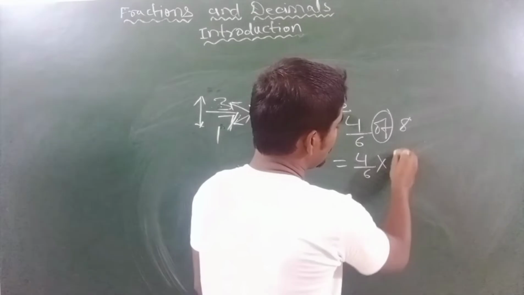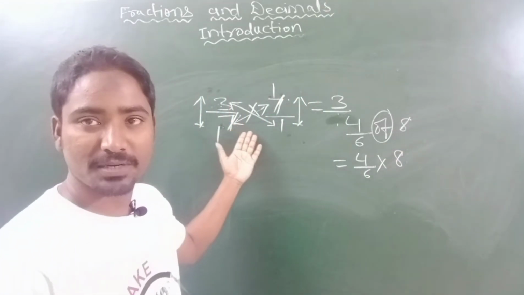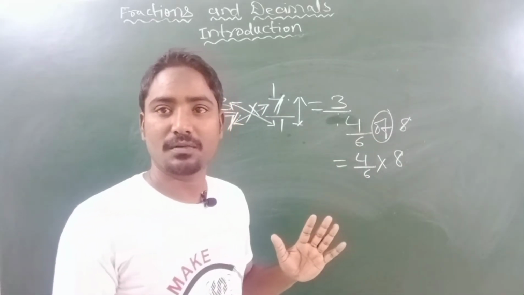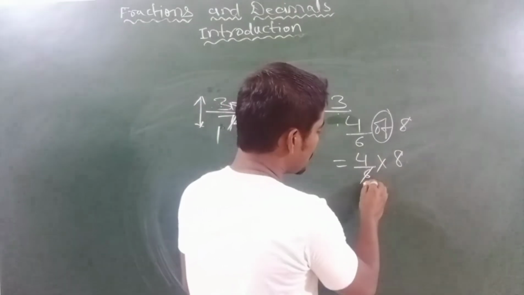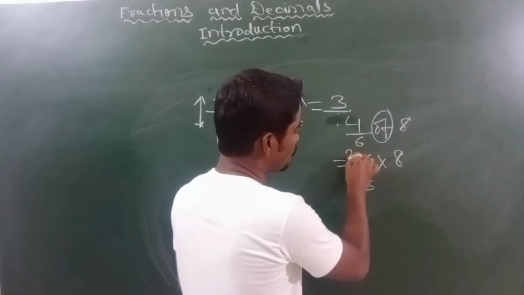So 4 upon 6 into 8. Now find the common factor as we found here between numerator and denominator, and then simplify it to the simplest form. So here we have the common factor 2. So 2 twos are 4 and 2 threes are 6.